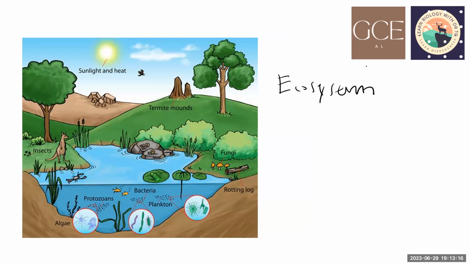In ecosystem, you can find living, non-living, and their interactions. Sunlight is non-living. Soil is non-living. Wind is non-living. And they are there with living things like this insect, bacteria, plants, fungi, and they interact with each other for existence.